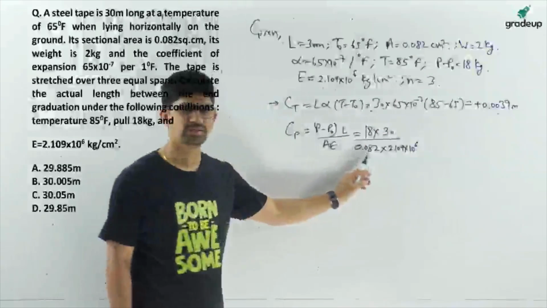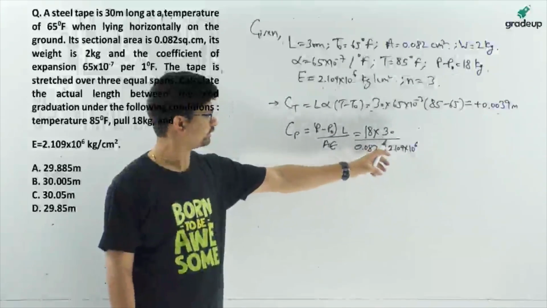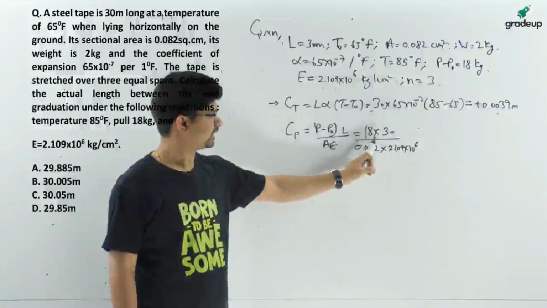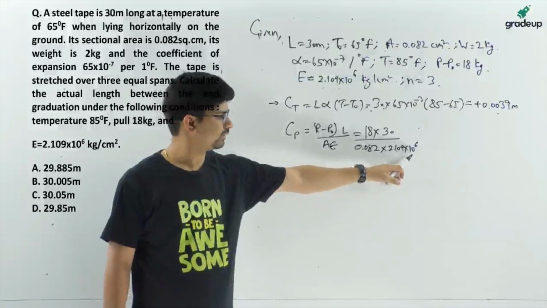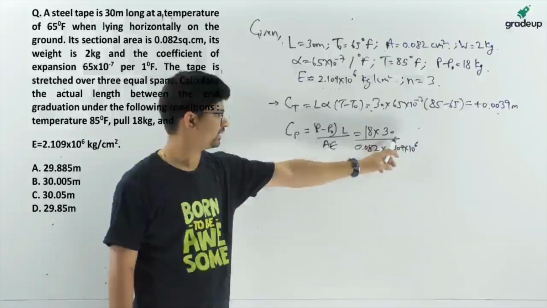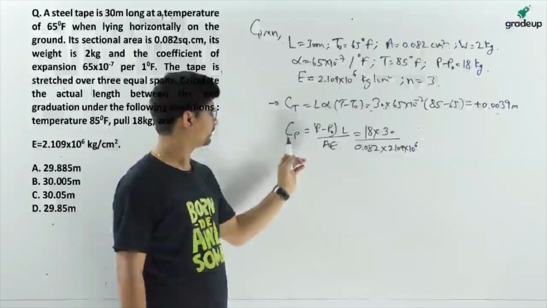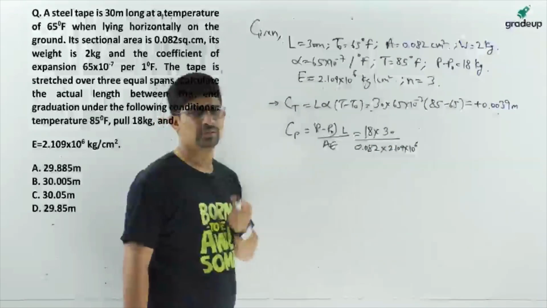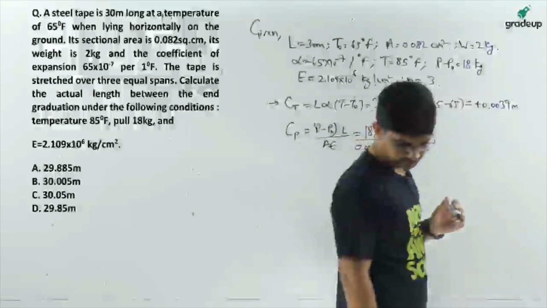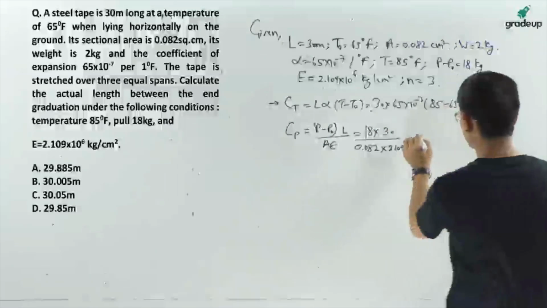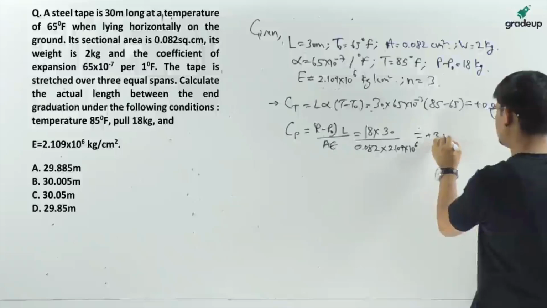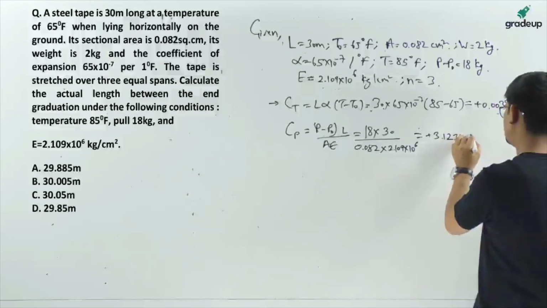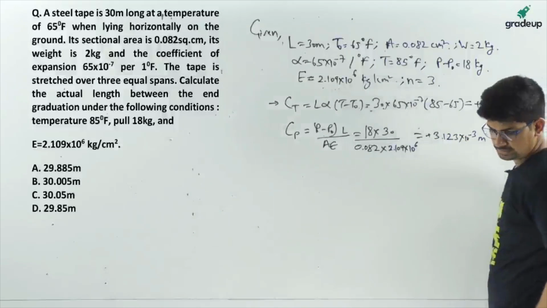You don't need to convert this into meter square. This answer will directly come in meters, because kg cancels, centimeter square divided by centimeter square cancels, and the length is in meters. So if you solve this, it is equal to plus 3.123 into 10 raised to power minus 3 meters.